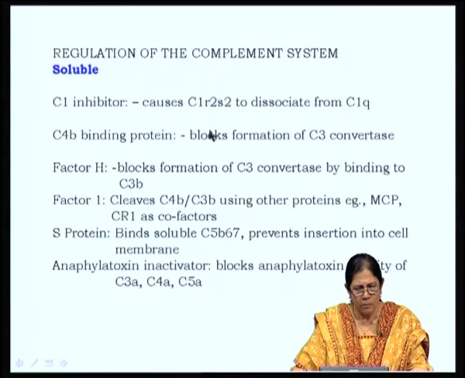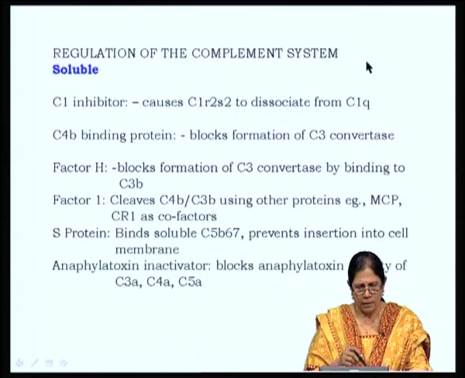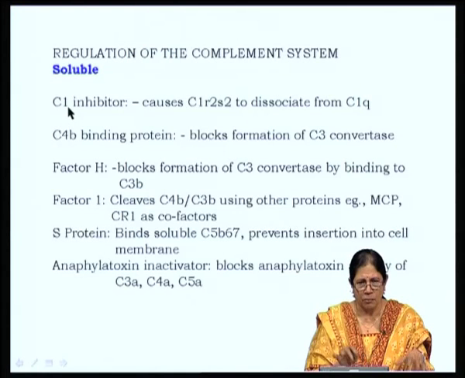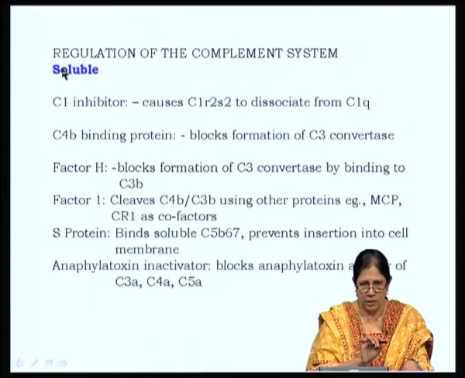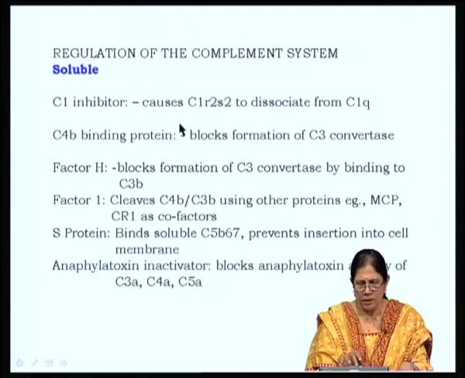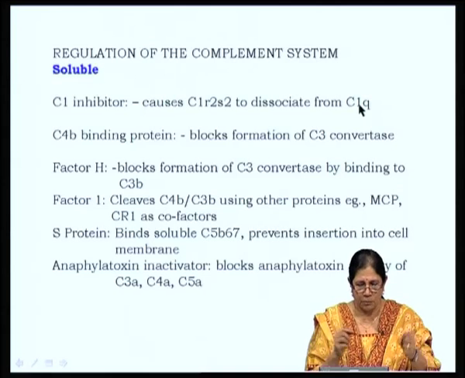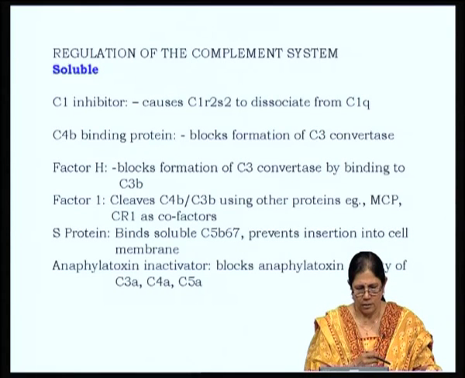There are both soluble as well as membrane bound proteins which regulate the complement system. All these components are present in serum because they are soluble. C1 inhibitor causes dissociation of the R2S2 from C1q, that means the complex is constantly broken, so the cascade cannot proceed.